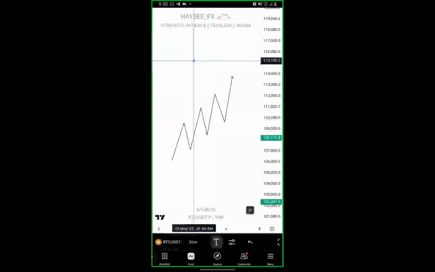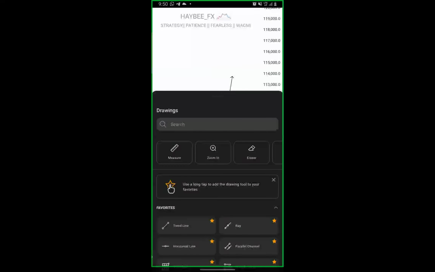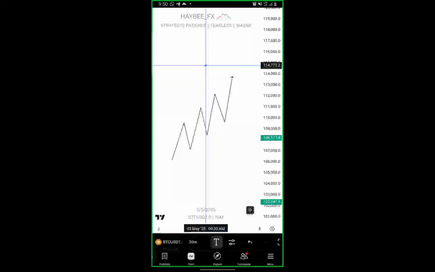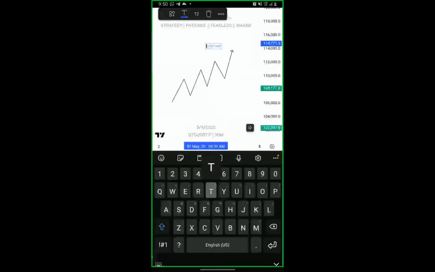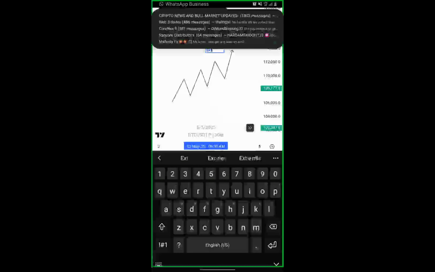We have external range liquidity. We have the internal range liquidity, and let's say like either double top, double. Let us move forward. See now, the types of liquidity that I was saying here.